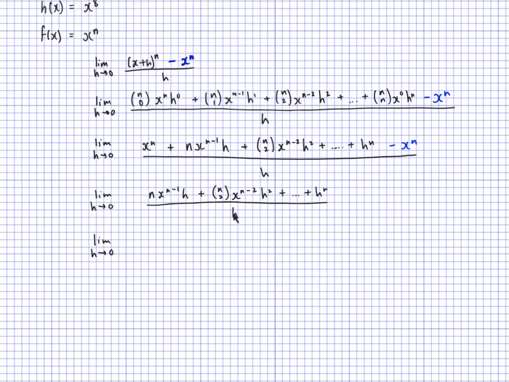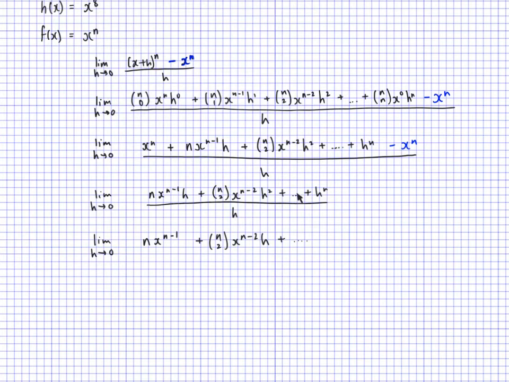Okay, so this h will just cancel that one, and I'm going to be left with n x to the n minus 1 plus n choose 2 x to the n minus 2, and this h squared, when I cancel down with this one, will just give me h to the 1, or just h.